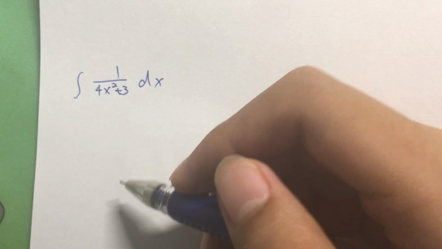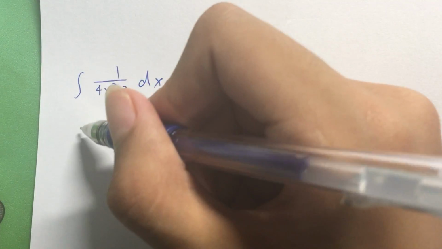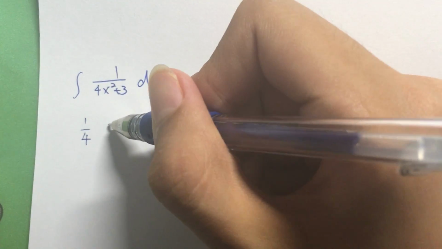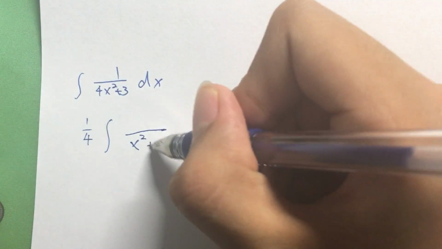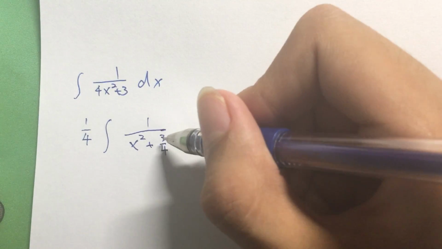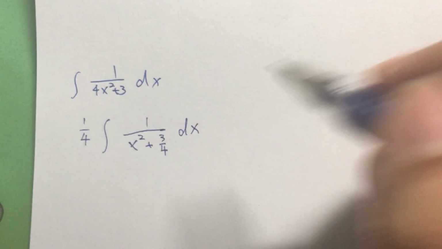Well, we should get rid of this 4. And this means that we put a quarter at the front. So we'll have a quarter times 1 over x squared plus 3 over 4 dx.